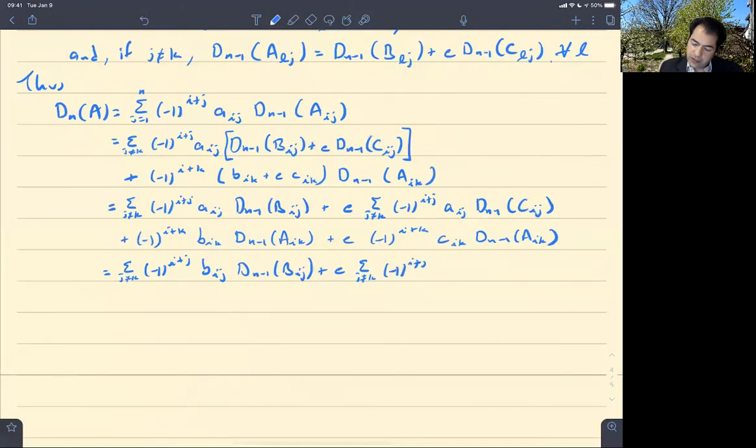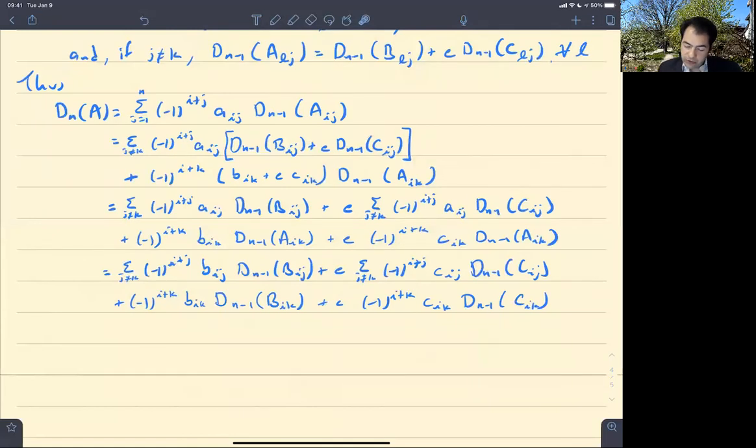The same thing when I get to a_ij over here: because j is different from k, a_ij is the same as c_ij. And over here, because j is equal to k, capital A_ik is the same as capital B_ik, and the same with C, capital A_ik is equal to capital C_ik.